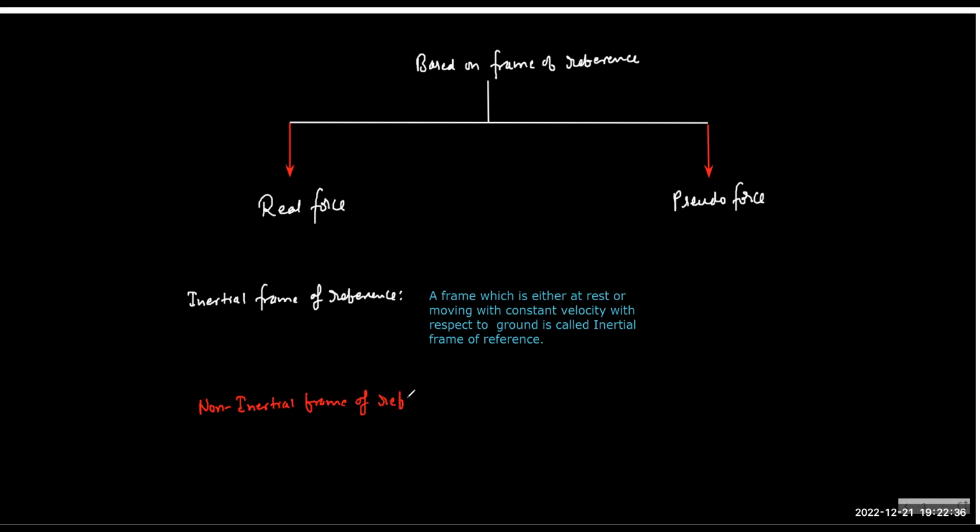There is a nice way of saying the same. We call a frame which accelerates, because the rate of change of velocity is called acceleration. So if velocity is constant, the inertia is there. If velocity is changing, the inertia is changing, right?